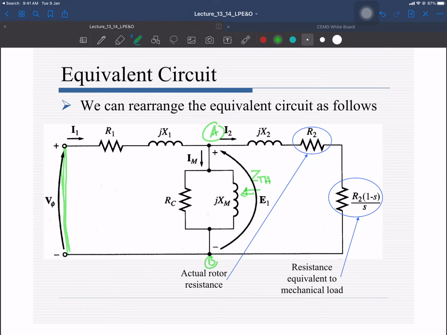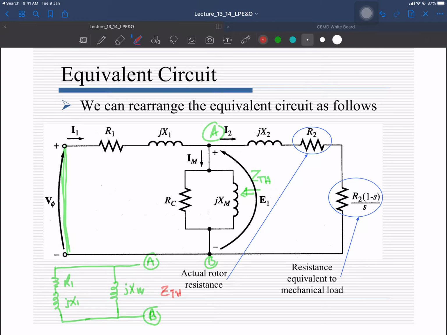If I draw the circuit, R1 and jX1 are now in parallel with the magnetization branch, in which we are going to ignore RC. So jXM is in parallel with R1 plus jX1, because we need to calculate the impedance between these 2 points.